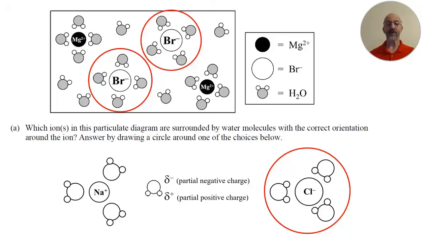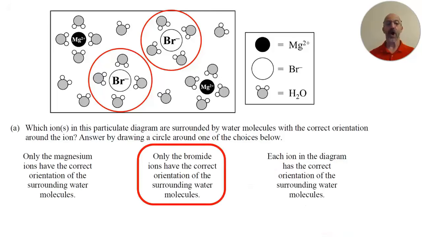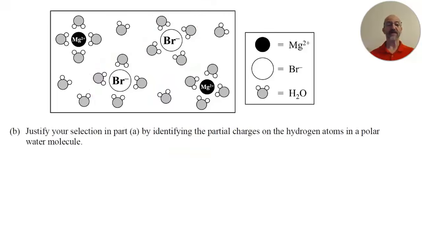So now to answer part A, only the bromide ions have the correct orientation of the surrounding water molecules. And then in part B of this question, it says, justify your selection in part A by identifying the partial charges on the hydrogen atoms in a polar water molecule.